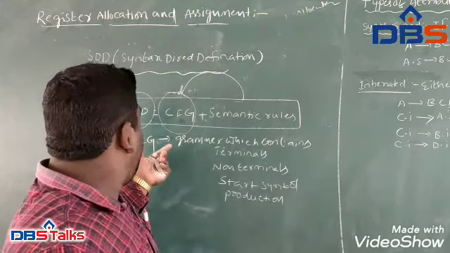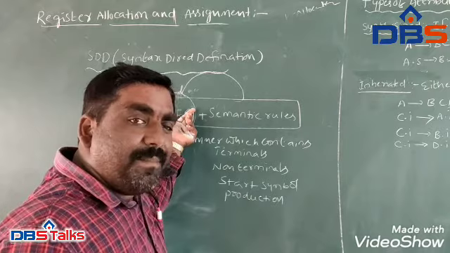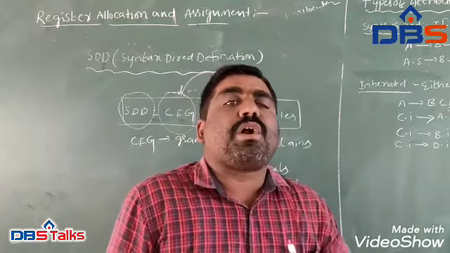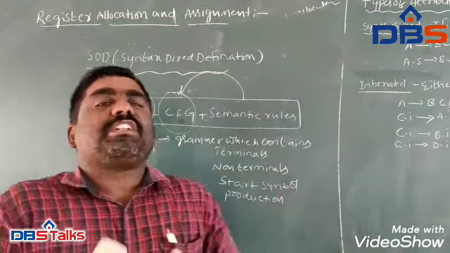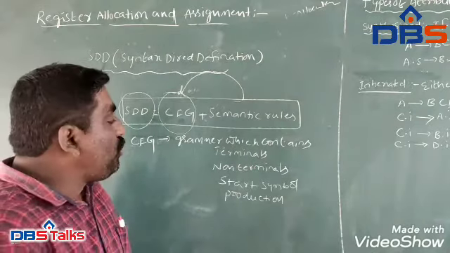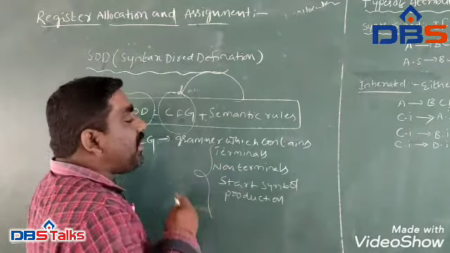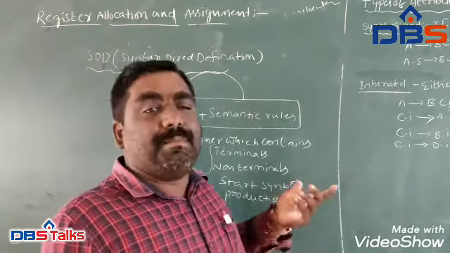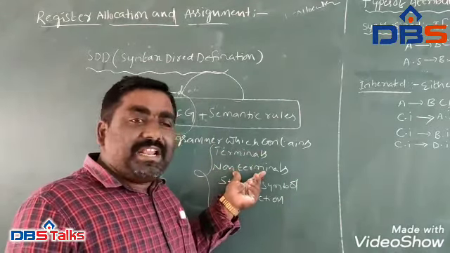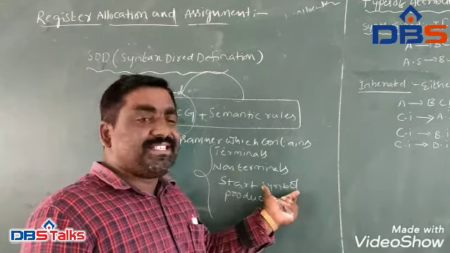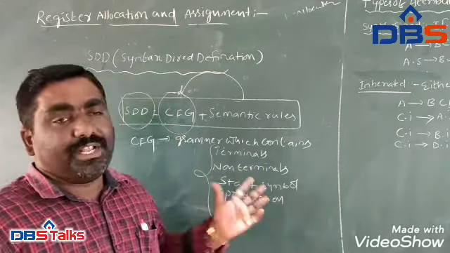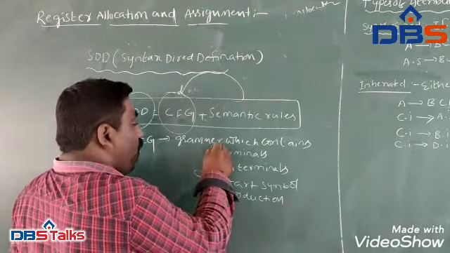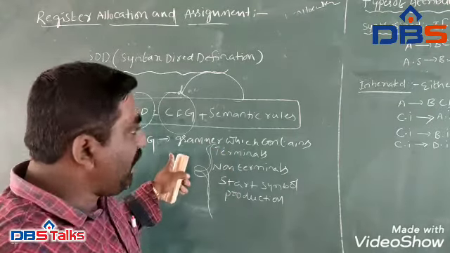So this is the definition of context free grammar. If you take one context free grammar, we consider terminals, non-terminals, the starting symbol, and the productions. Then we can call it a context free grammar.